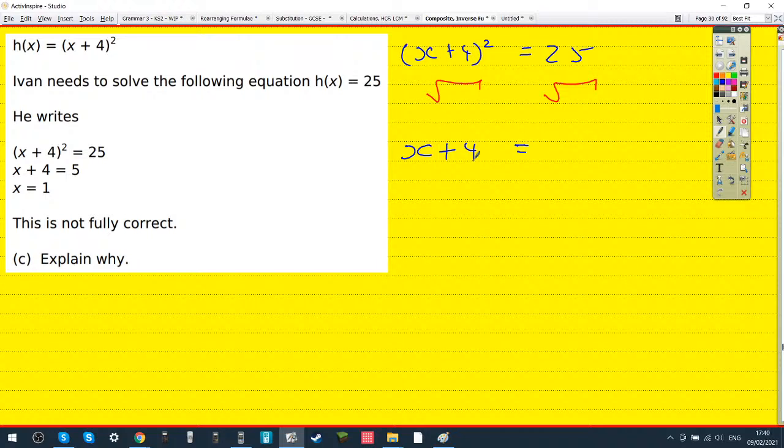Okay. So square root. Do you know what happens with squared and square root?